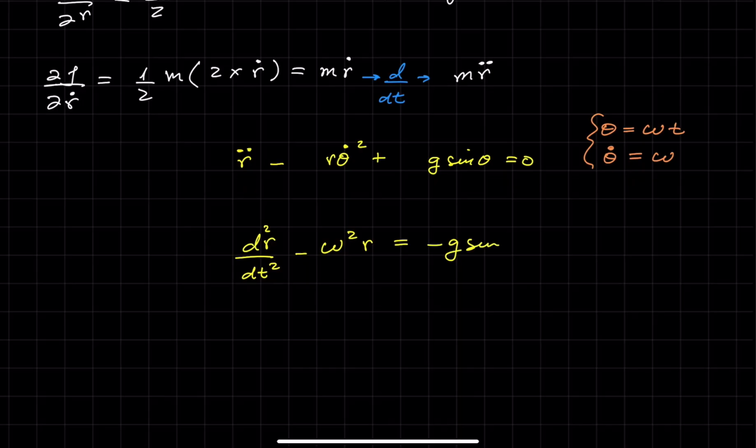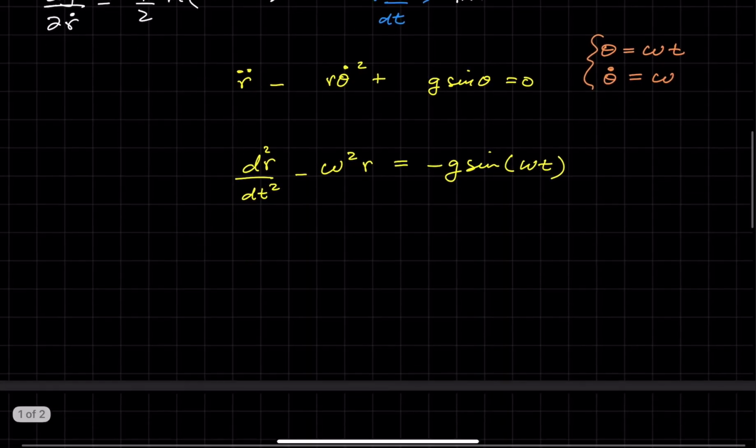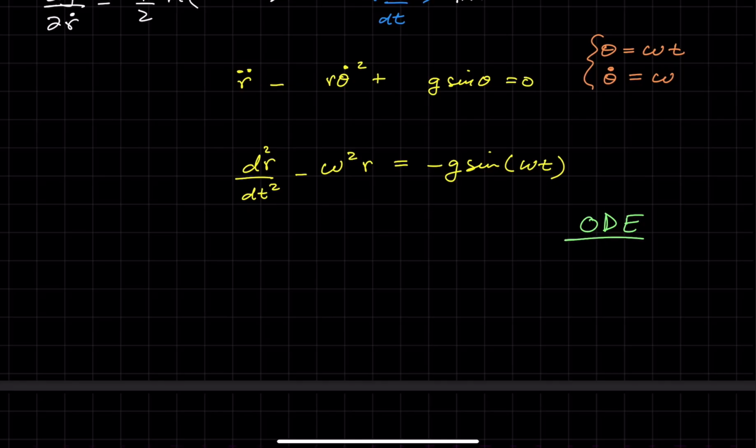And what is this? This is a constant, this is a constant, this is a constant, and we have this derivative. As you can see, it's a differential equation, right? An ODE, ordinary differential equation, and that's the solution.